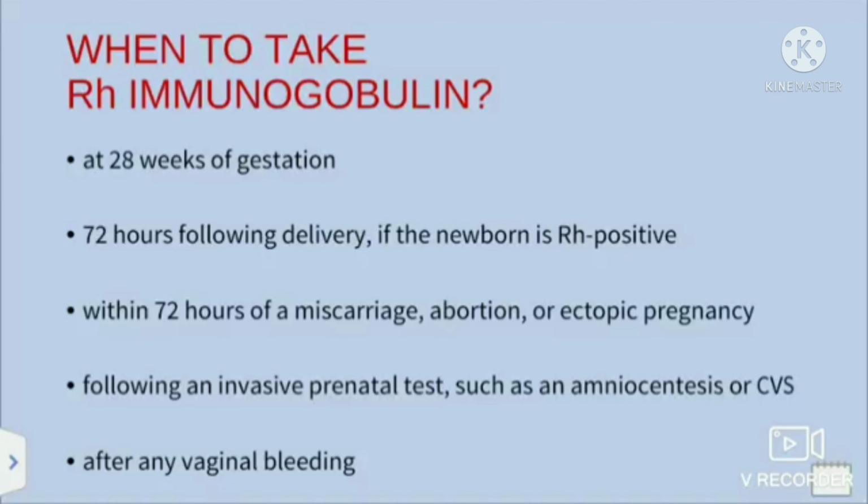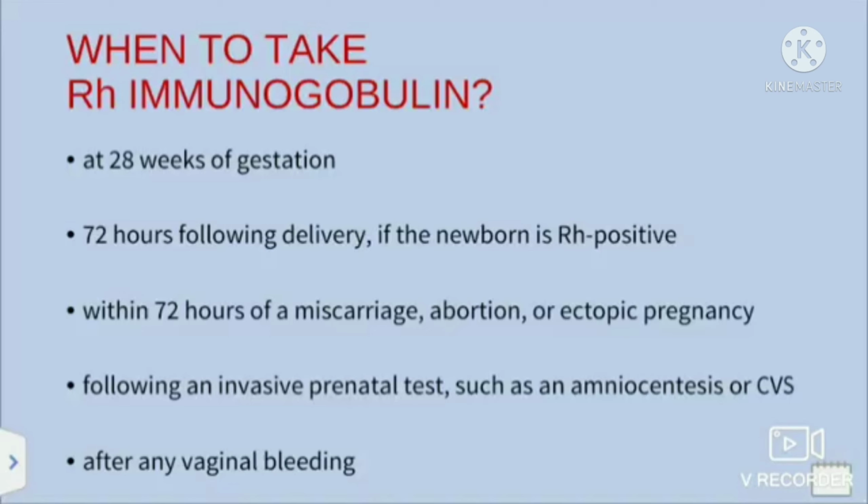So when to take RH immunoglobulin? The first dose of RH immunoglobulin or anti-D injection is taken at 28 weeks of gestation. If the mother has RH negative blood type, then the first thing we have to do, as soon as the fetus is viable, is take the blood sample of the fetus and check the blood group.